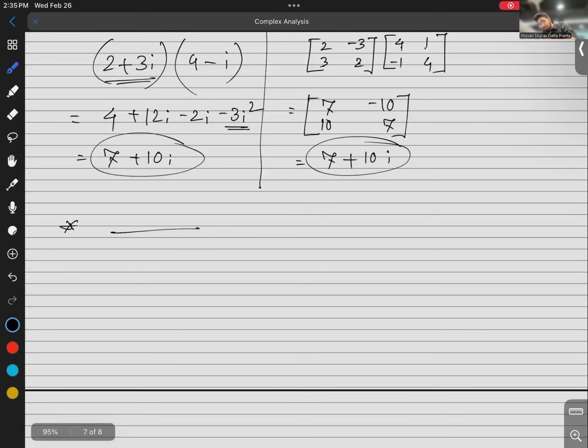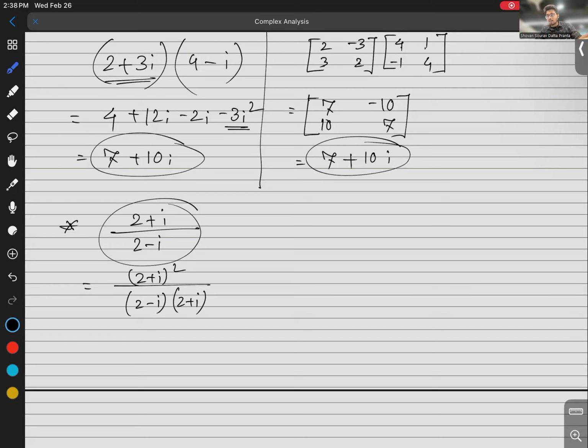If we consider a division of two numbers, 2 plus i by 2 minus i, we do our natural approach, that is 2 plus i whole squared over 2 minus i times 2 plus i, and then we get 3 plus 4i in the numerator and 5 in the denominator. So if we simplify it, 3 by 5 plus 4 by 5 i.